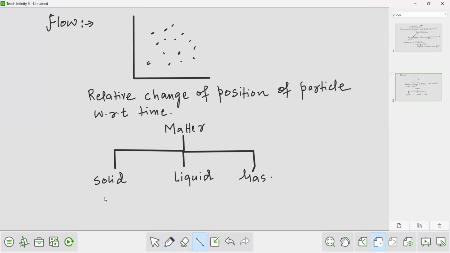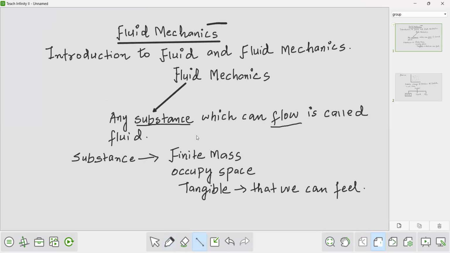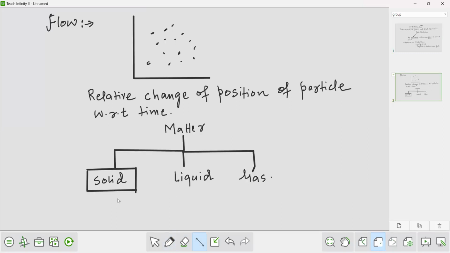If we look at this solid, we have defined fluid as a substance which can flow. Solid, you know, can't flow. So solid is not a fluid.